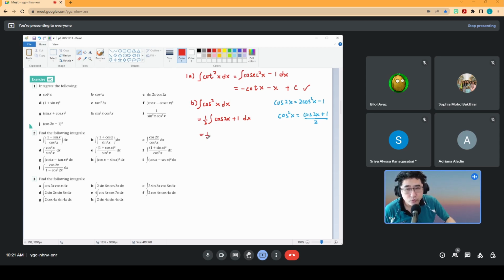So 1 over 2, cos goes to sine of 2x. Because of rule 17, there is an additional 1 over 2 there. So 1 over 2 times 1 over 2 sine of 2x, then plus this one, x here, plus c. Of course, simplifying the form, you have 1 over 4 sine 2x plus 1 over 2 x plus c. Are you able to follow?